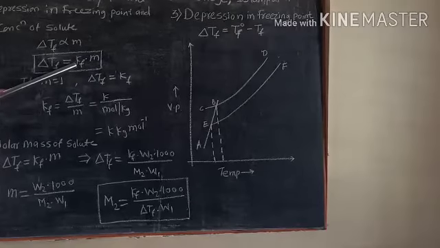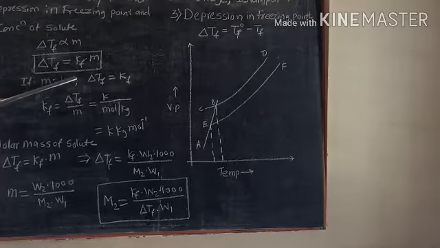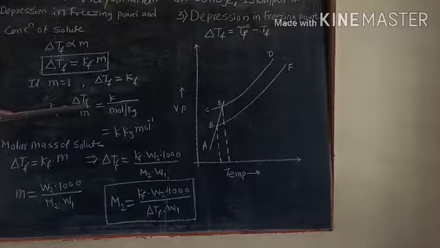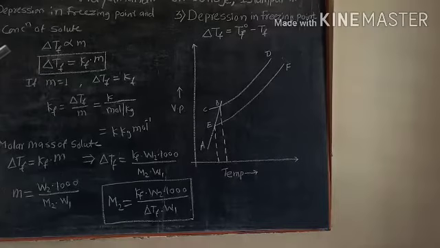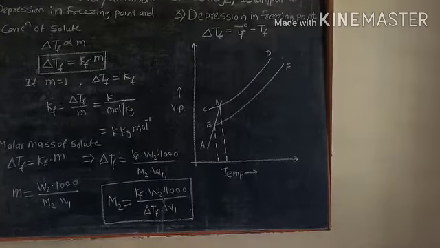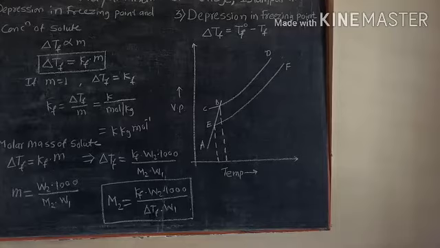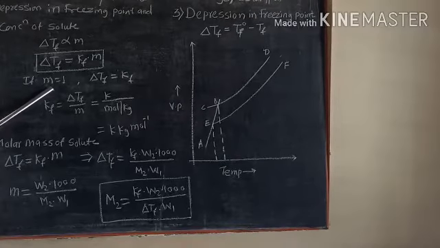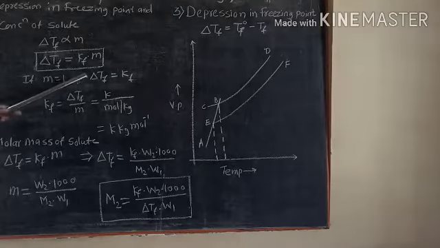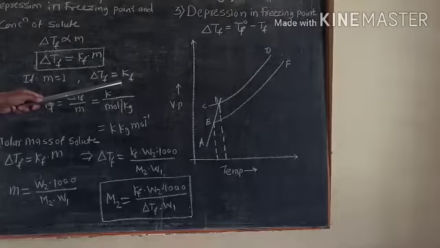Kf is called the cryoscopic constant, molar depression constant, or freezing point depression constant. Here, if m is equal to 1, then delta Tf is equal to Kf.